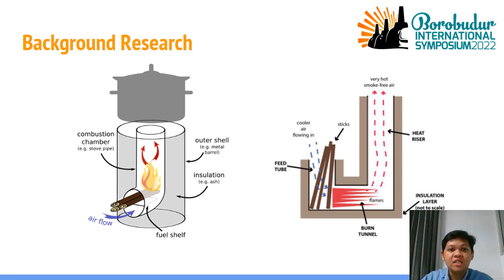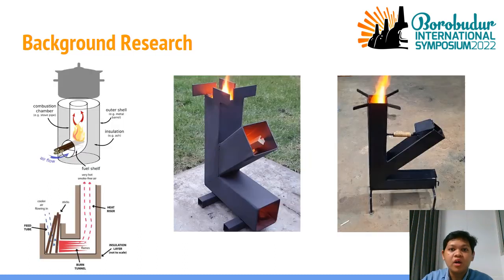The rocket stove itself has undergone many developments. However, the design of the rocket stove only adapts in terms of shape without taking into account the design principles for wood-burning cookstoves, like the picture shown in my presentation.